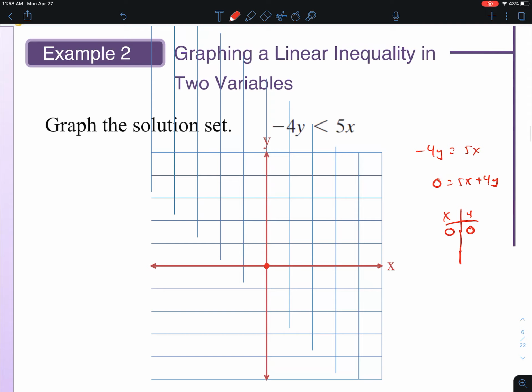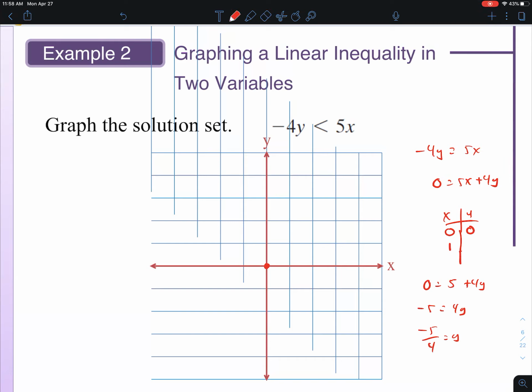If I pick another point, say x is equal to 1, I'm going to do 5 times 1, which is 5, plus 4y. Subtract the 5, and then I get y is equal to negative 5/4. Let me write this a little better. So it's negative 5/4.